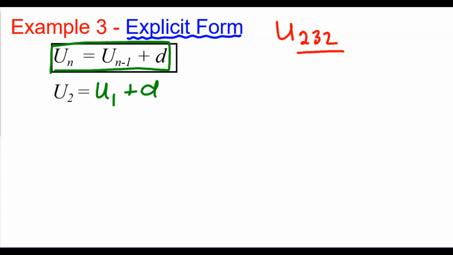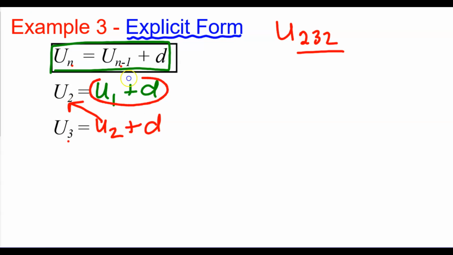Okay, to find the third term, you would take 3. 3 minus 1 is 2 plus d. All I'm doing is putting this 3 into this formula. 3 minus 1 is 2. Now, the third term is u2 plus d, but we know that u2 is this.